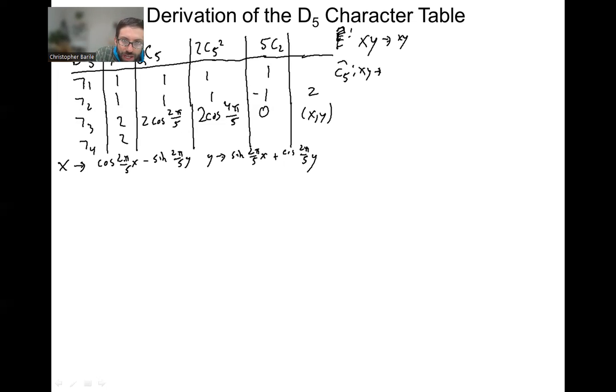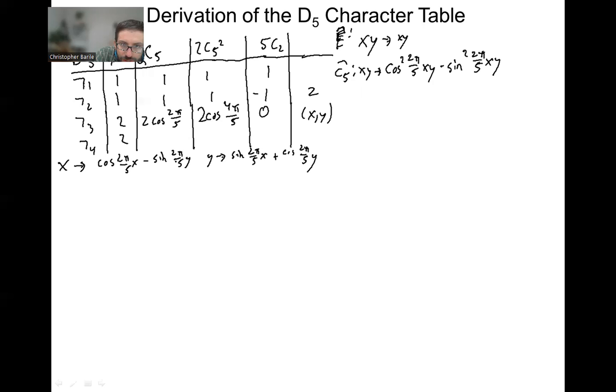We're going to have cosine times cosine terms, cosine squared 2 pi over 5 xy. We have 4 different terms here. We're going to have sine terms, minus sine squared 2 pi over 5 xy.